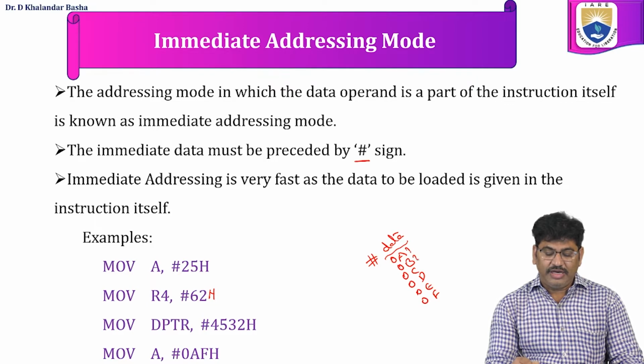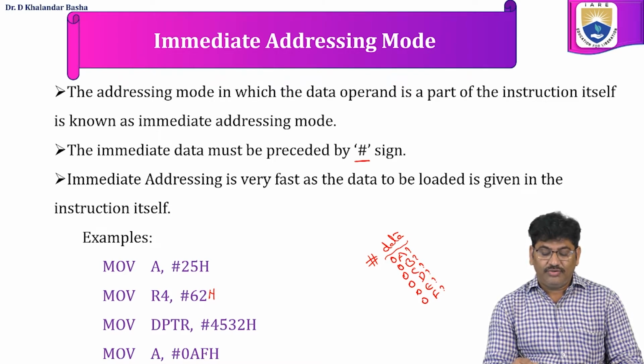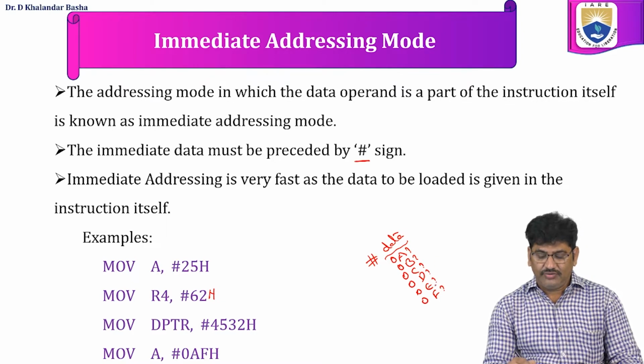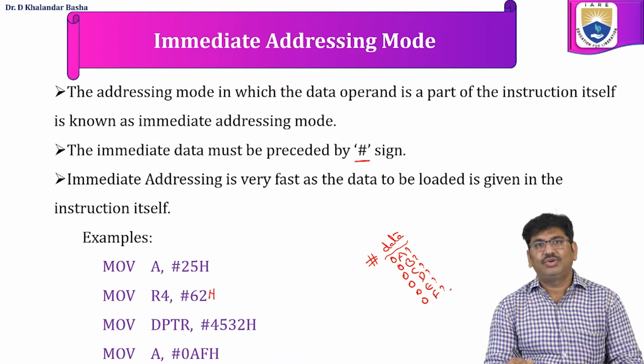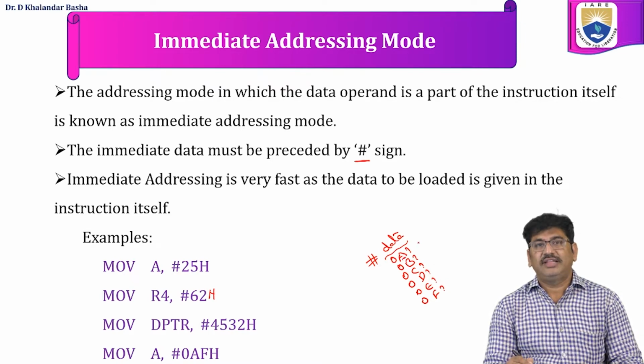Later you can have any data here: A0 to AF, B0 to BF, C0 to CF, D0 to DF, E0 to EF, F0 to FF. For all this data, if the first digit is an alphabet, it should be preceded with 0.